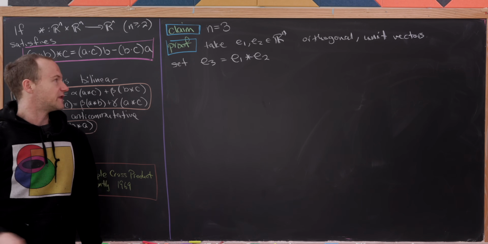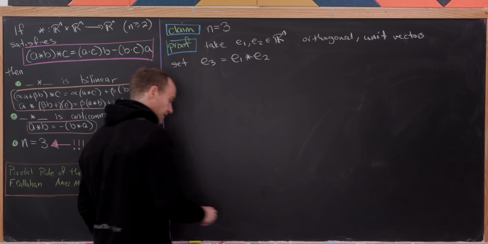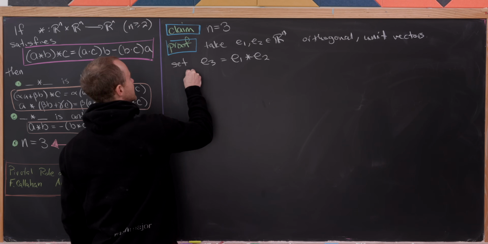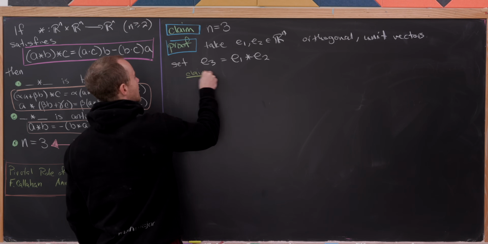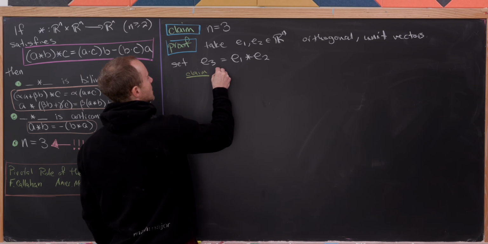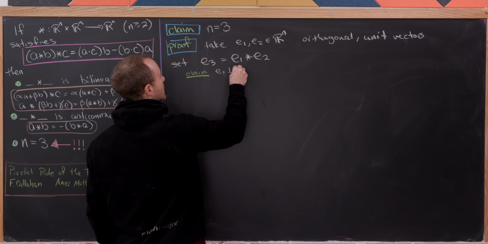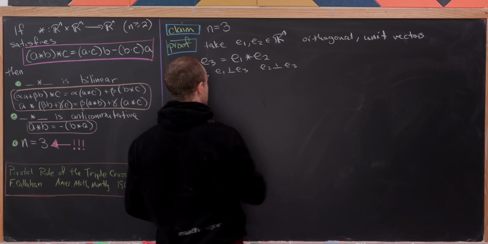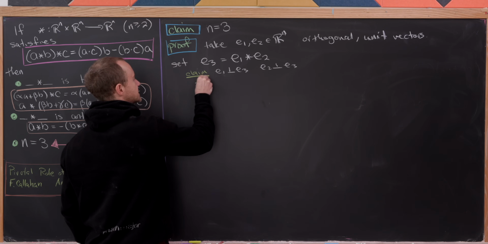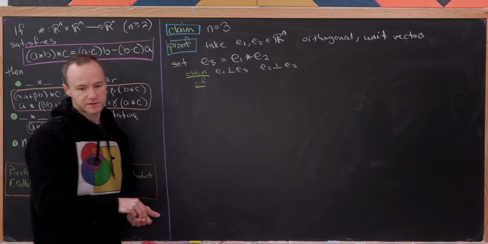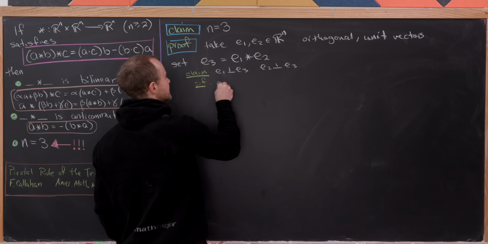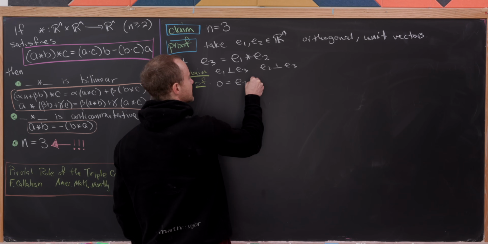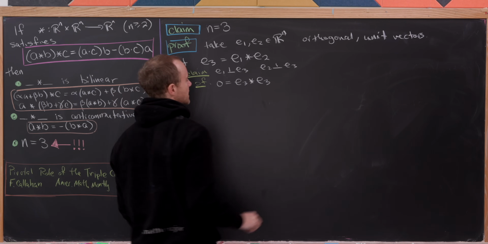Okay, so that's going to be our first little bit of a claim inside of this proof. So let's put that claim right here. So E1 is orthogonal to E3 and E2 is orthogonal to E3. Okay, so let's see how that goes. So let's observe that 0 is equal to E3 star E3.